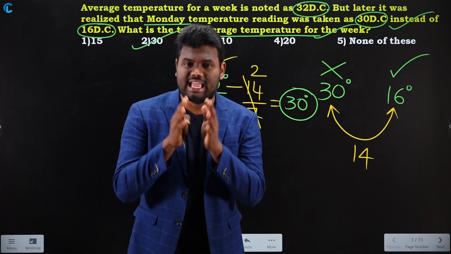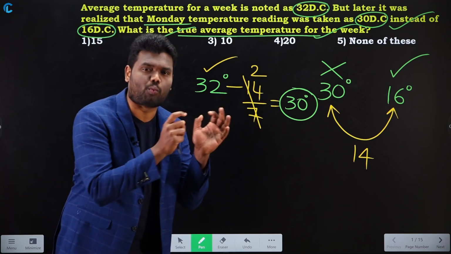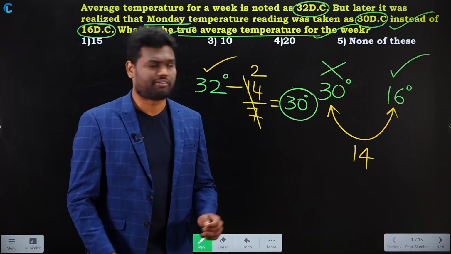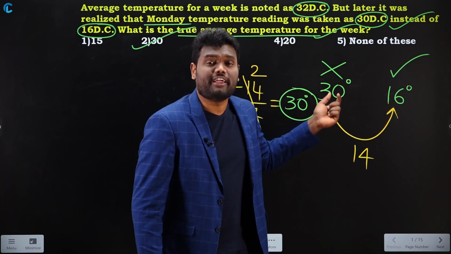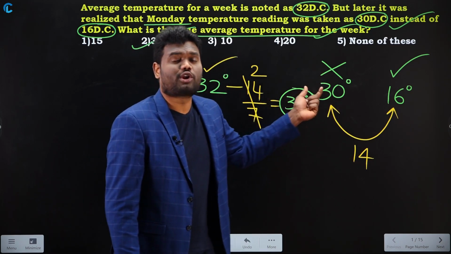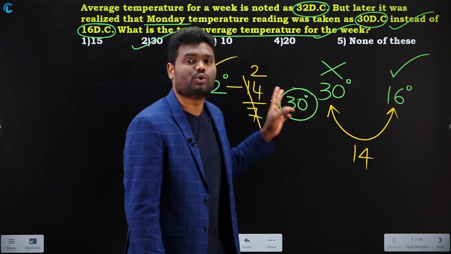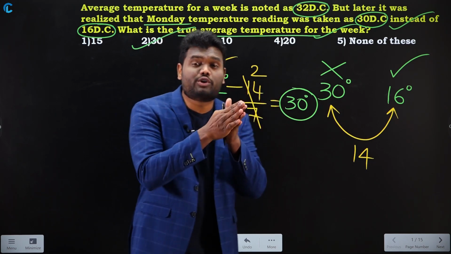Very simple questions. Whenever you have questions based upon error values, take the difference. That's it. If the wrong value is more, then you need to subtract. If the wrong value is less, then you need to add. But don't forget, while you are subtracting or adding, you need to distribute.